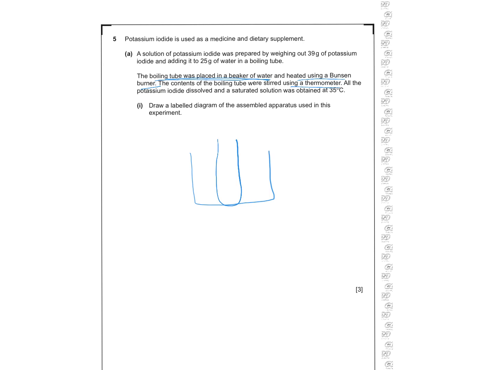So there's my beaker, and there's water in the beaker because it's placed in a beaker of water. And then the next bit is it was heated using a Bunsen burner. So this must be sitting on a wire gauze and tripod. We don't need to draw the Bunsen, just write the word heat with an arrow.